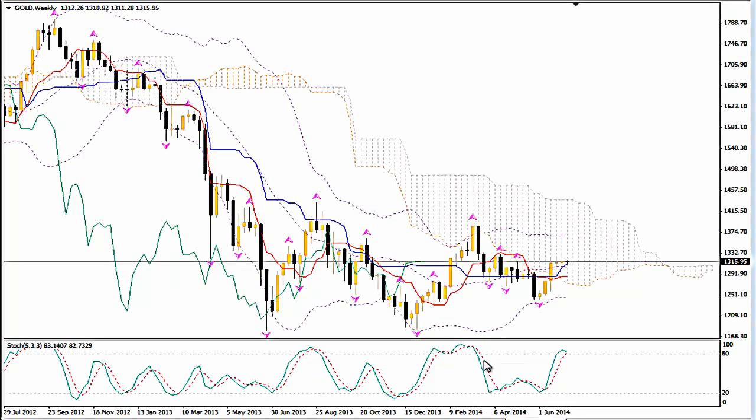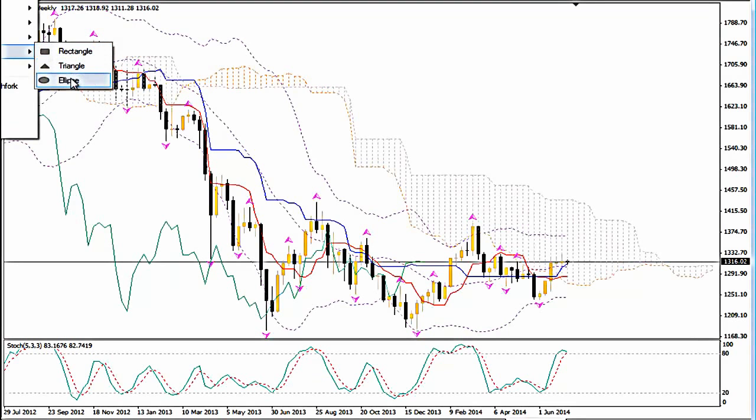I see a head and shoulders pattern. So I will insert shapes here.